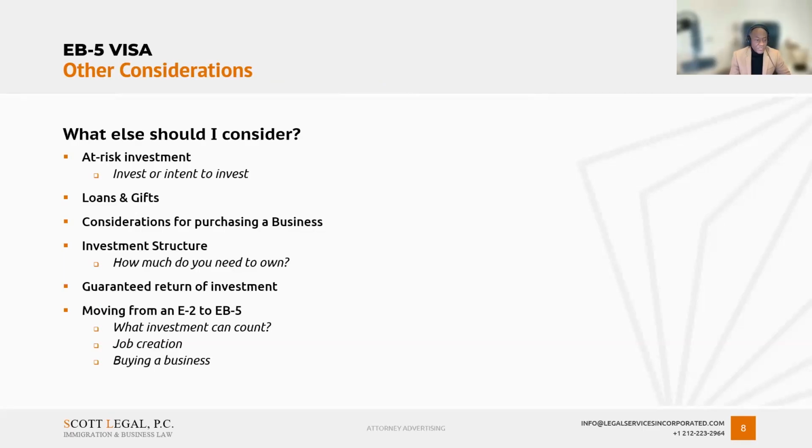Some other considerations that we'll run through now apply to the situation where you are doing direct investment. Let's say that you're starting a business and then you want to apply for EB-5. You can't just open up a business entity, open a bank account, and then put $800,000 in the bank account and then apply for an EB-5, because the government doesn't consider that amount at risk.